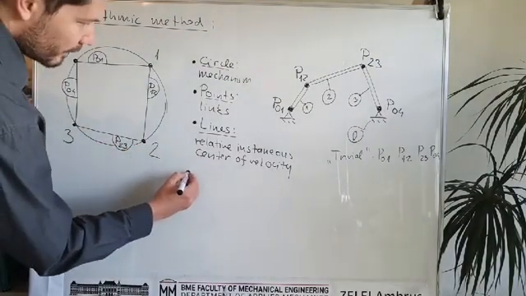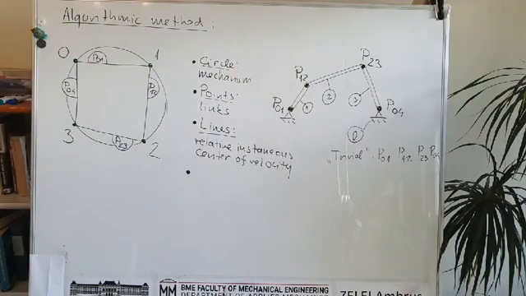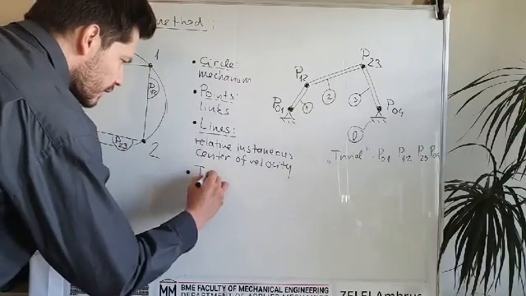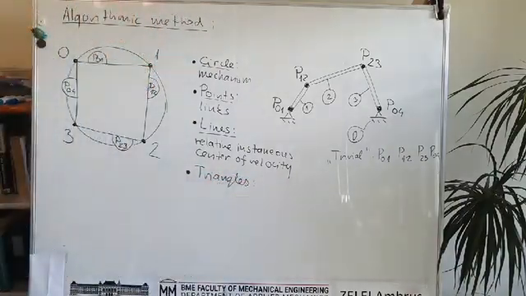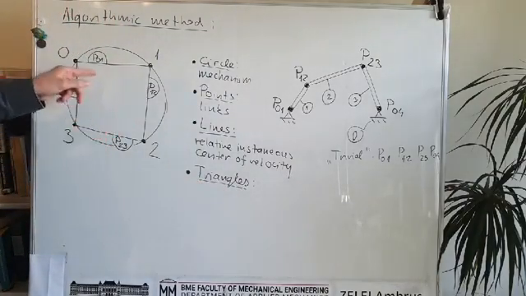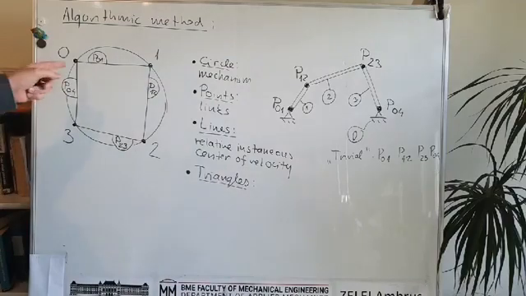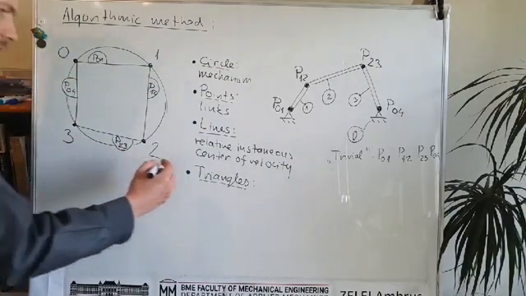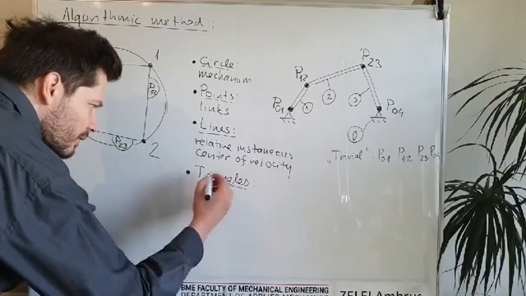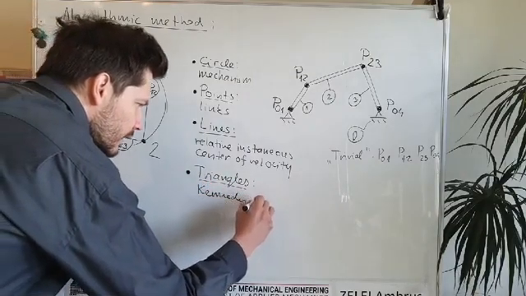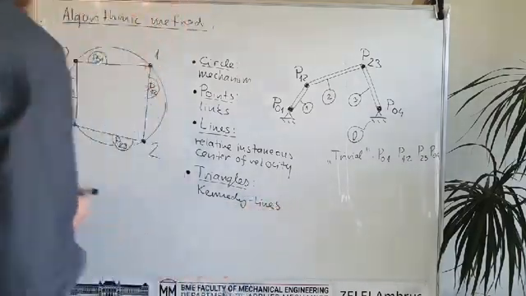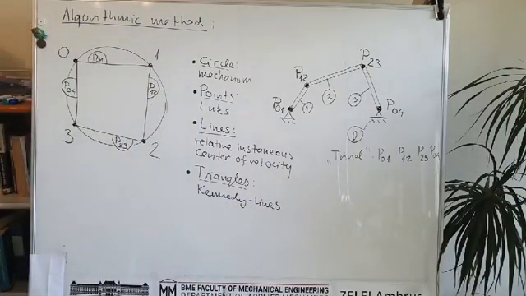And then what we also have are triangles in this figure. So we also have some triangles, and this helps us to manage the Aronhold-Kennedy lines. So each triangle in the figure corresponds to an Aronhold-Kennedy line, or just simply Kennedy lines. And I will use color for this.